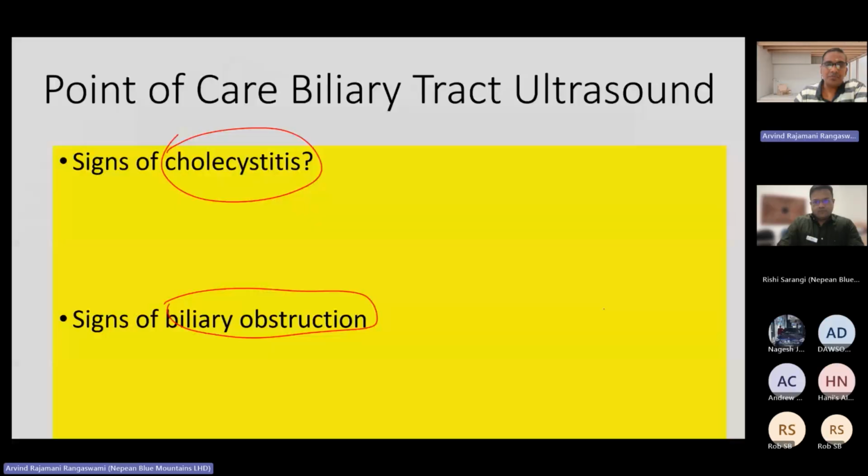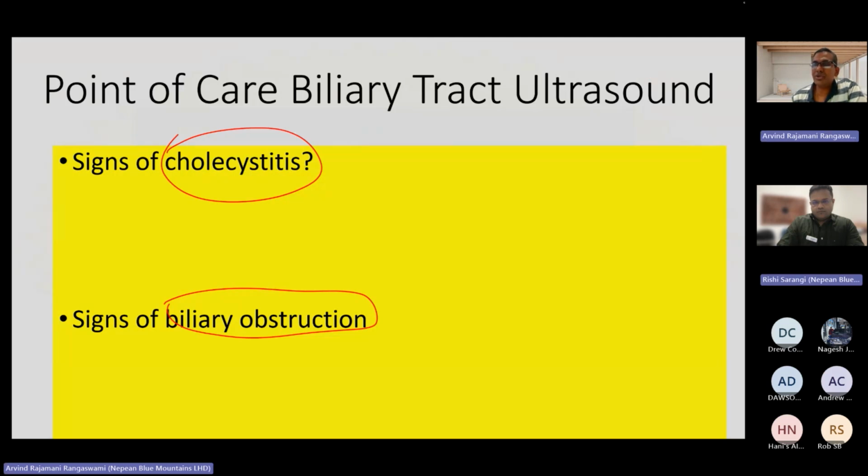Right. So the first thing for cholecystitis is you want to check whether the patient has gallstones, because as I said, 99% of patients with cholecystitis will have cholelithiasis in the first place.